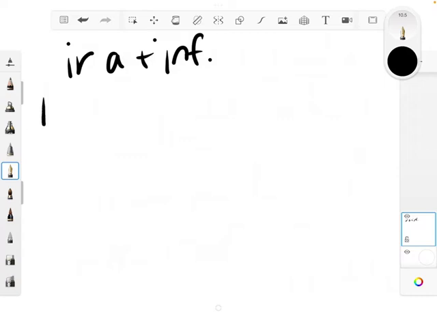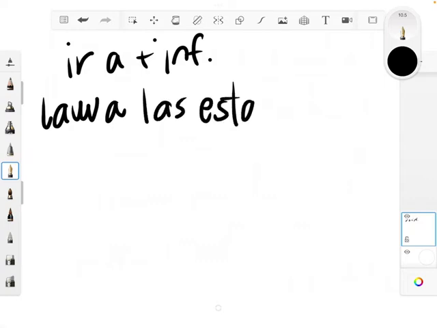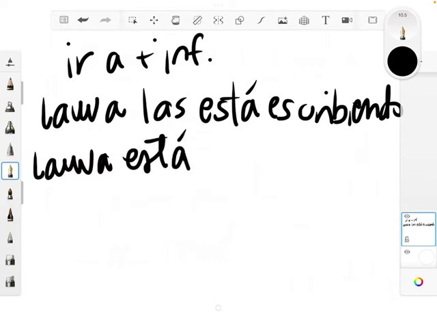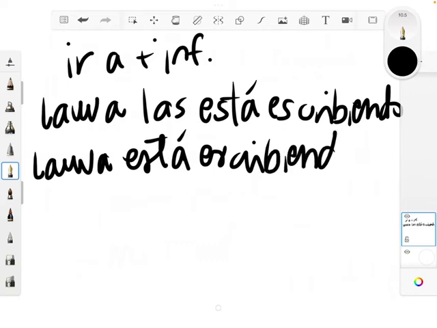So, Laura las está escribiendo, or Laura está escribiéndolas, and it's attached, and you'll have to add an accent here, endolas.